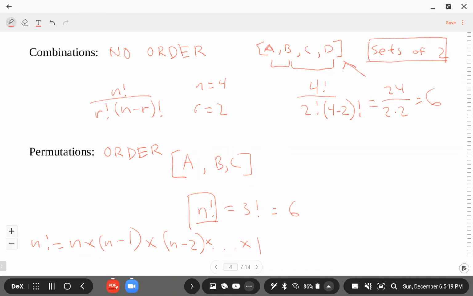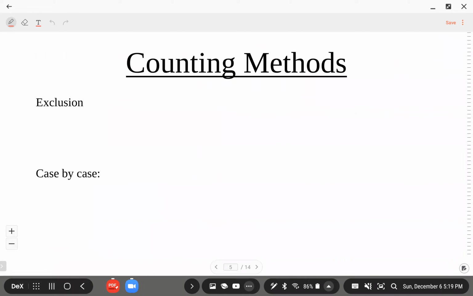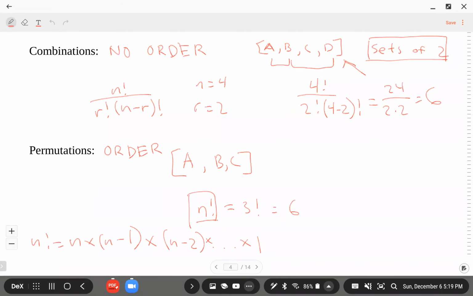So let's do some warm-up questions before we advance further. Combinations is mainly the harder one, so let's do a combinations warm-up question. We have our counting methods here, and I'm going to reserve this space for our warm-up question, in this square right here.